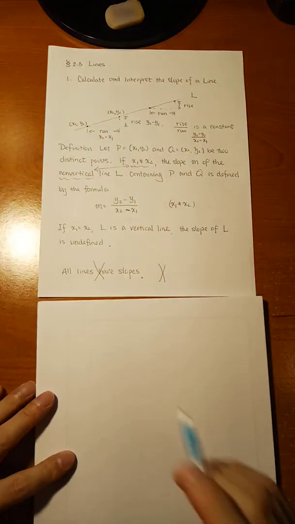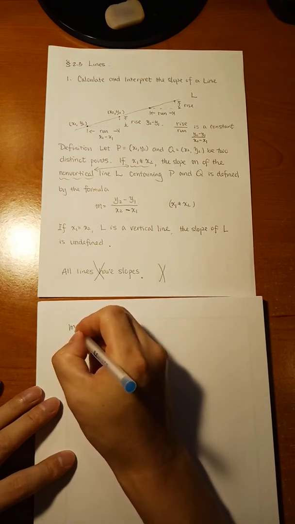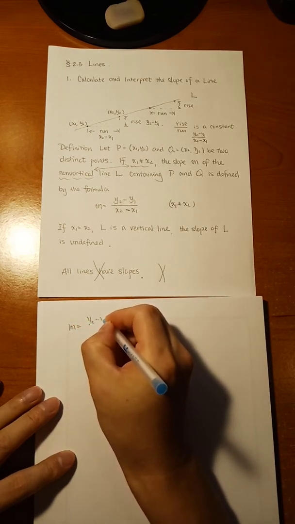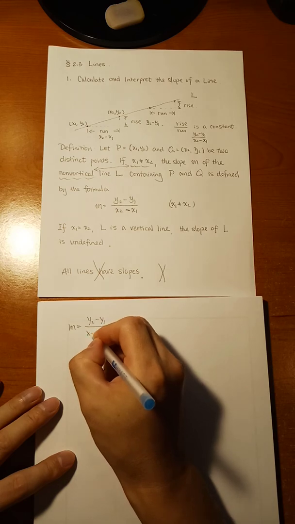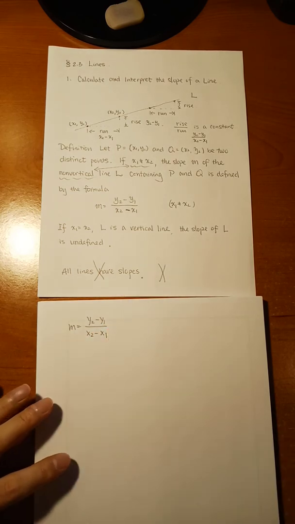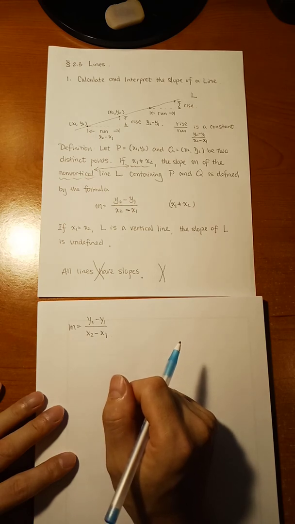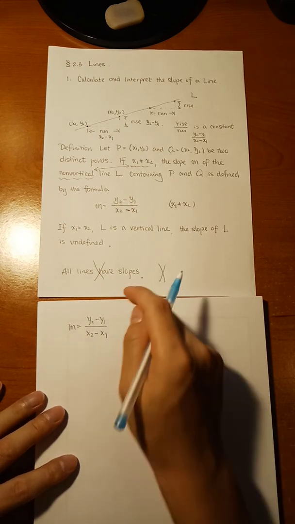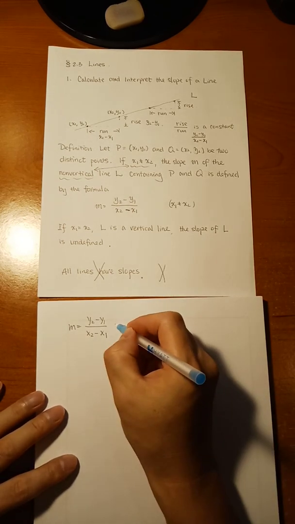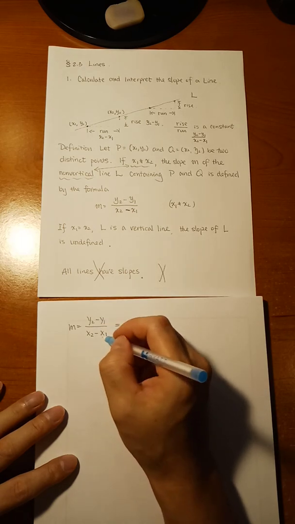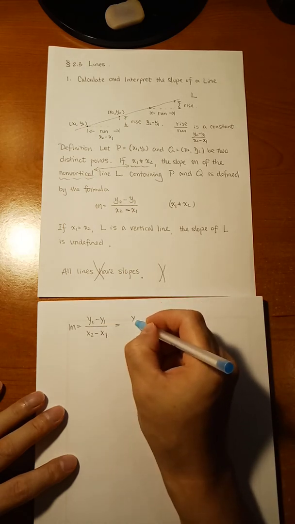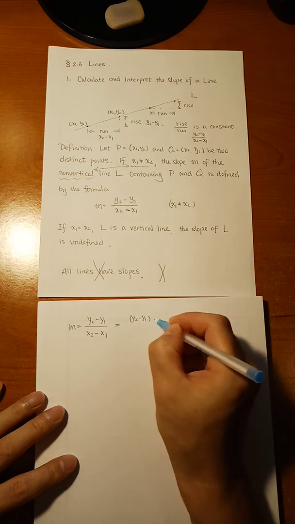Okay, so this is one of the most important formulas. Slope is y2 minus y1 over x2 minus x1, rise over run. And we can multiply top and bottom by -1.